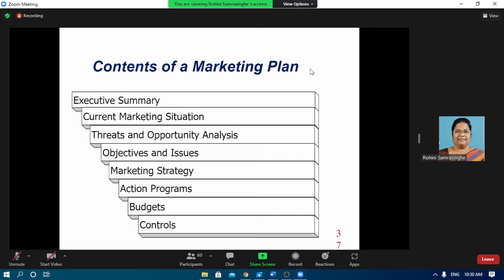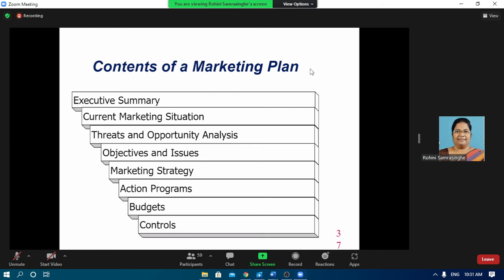A normal marketing plan usually contains the following different stages that you can see in this particular PPT, right? You can see here it starts with the executive summary. But the executive summary, we develop after doing all the activities. So after writing all the activities in the marketing plan, that is the summary of the marketing plan.